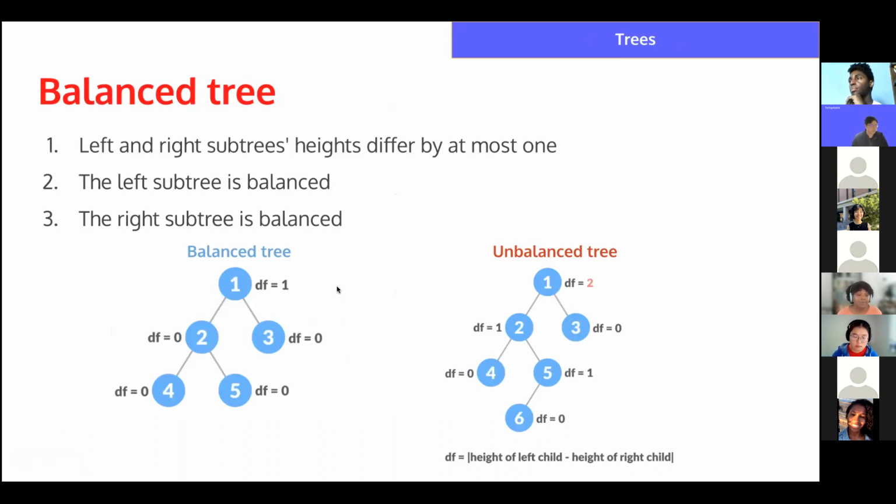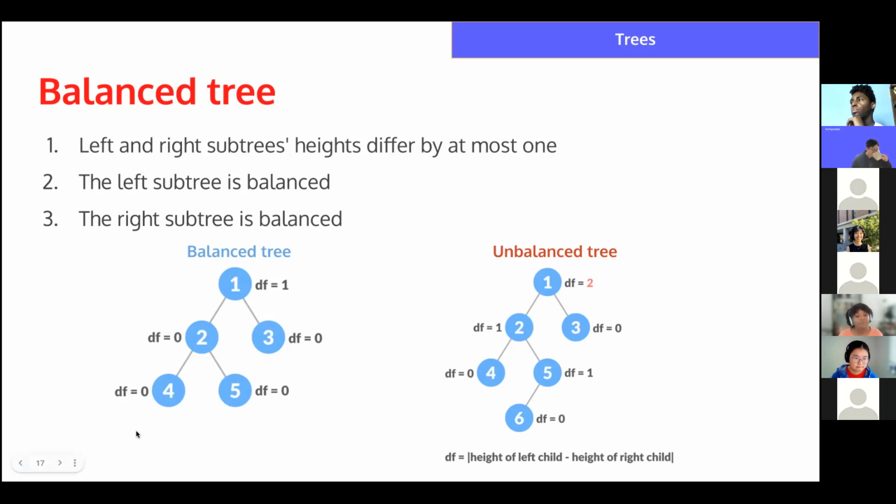Another piece of terminology for trees is the concept of being balanced. That means that the left and right subtree heights differ by at most 1. It's a complicated way of saying that in balanced trees you cannot fill up a sublevel of a child before you fill up the siblings.